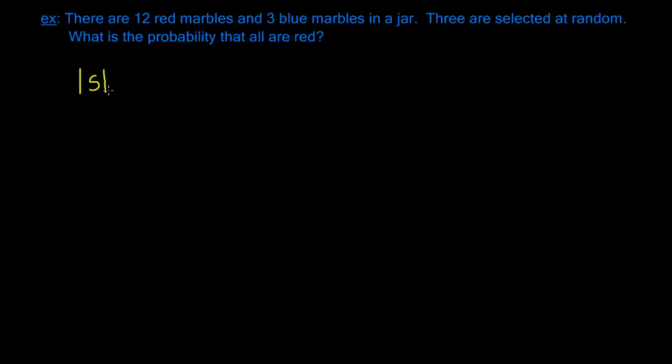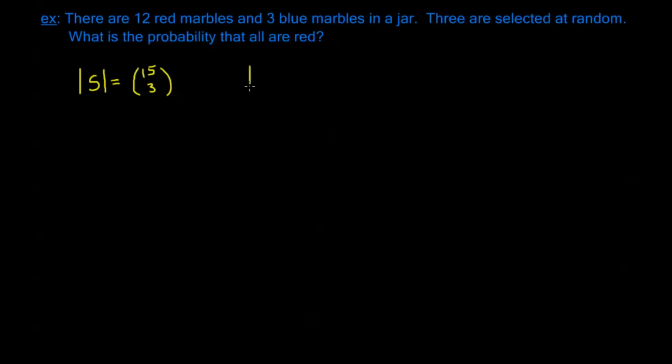So my sample space is going to be all the different sets of 3 marbles that I can choose, and we know that all the different ways to make subsets of 3 marbles from a set of 15 marbles is 15 choose 3. Now I don't need to break this down into all the different choices, I just need to know how many there are, right? I have 15 total marbles. The number of ways that I can choose 3 marbles out of 15 marbles is 15 choose 3, right? So we're going to be using this in conjunction with our probability.